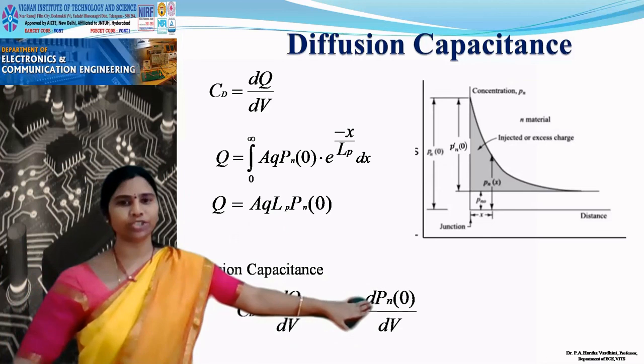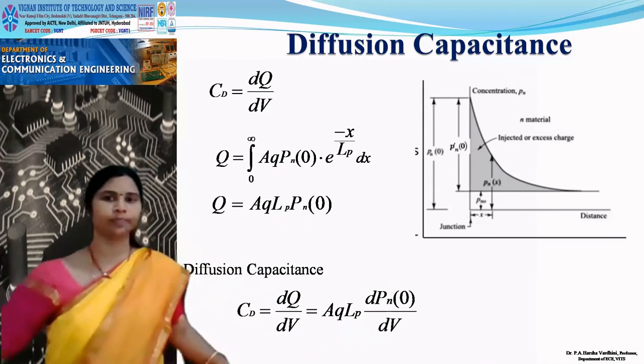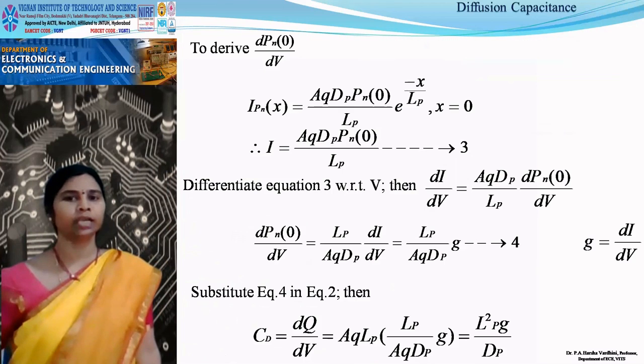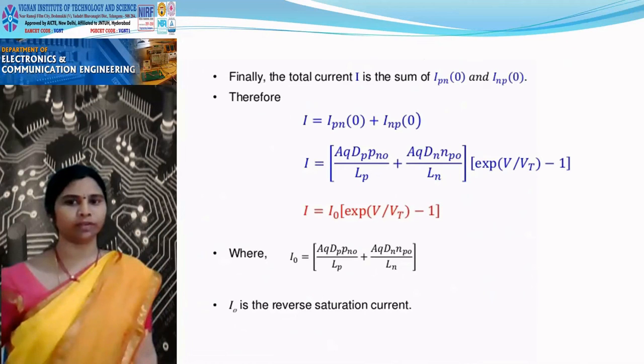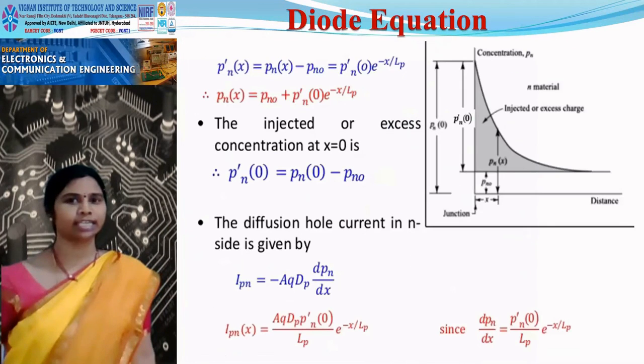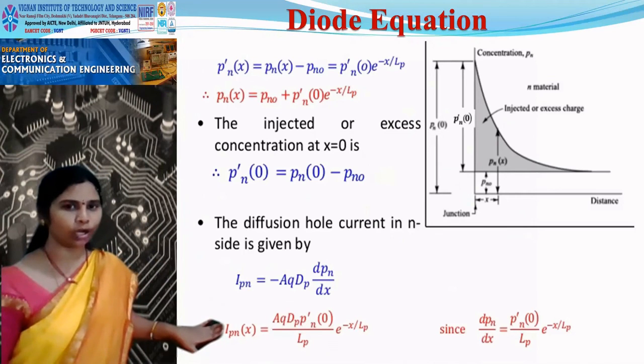Did you see this term in any of the diode equations? Yes, we have seen this term in the diode current. If you want me to show the previous equations, this is the diode current equation, the hole current value.